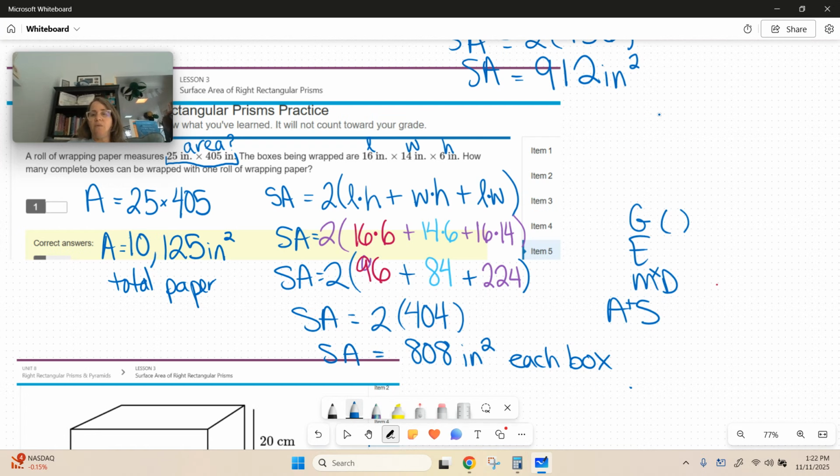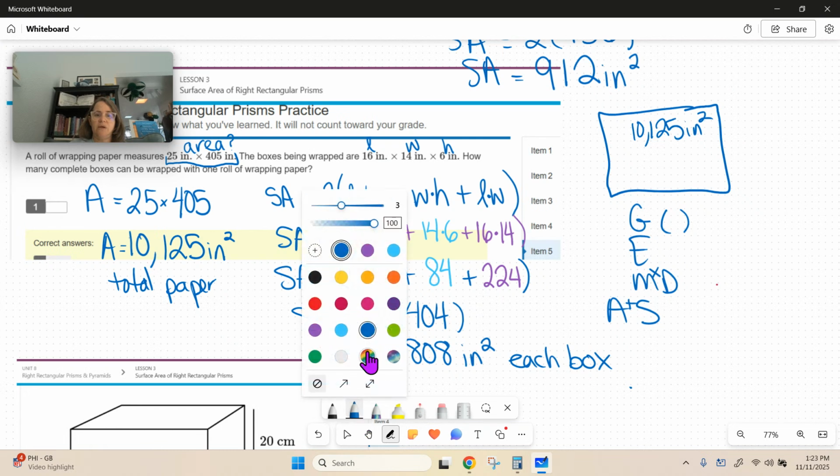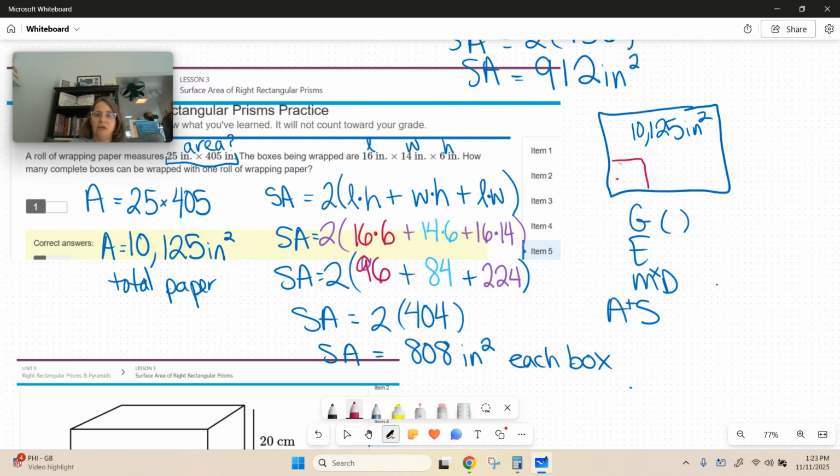So if I have a total need of 808 square inches and I have a total area of 10,125, I want to know how many of those boxes I can wrap up. If this whole thing is 10,125 square inches, I want to know how many times I can cut out an area of 808 to wrap one of those boxes.